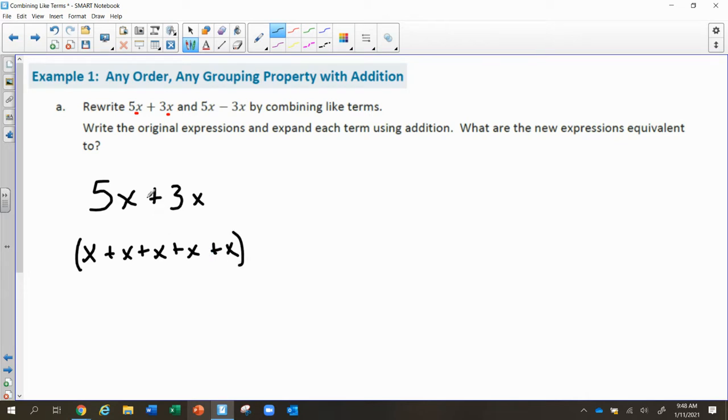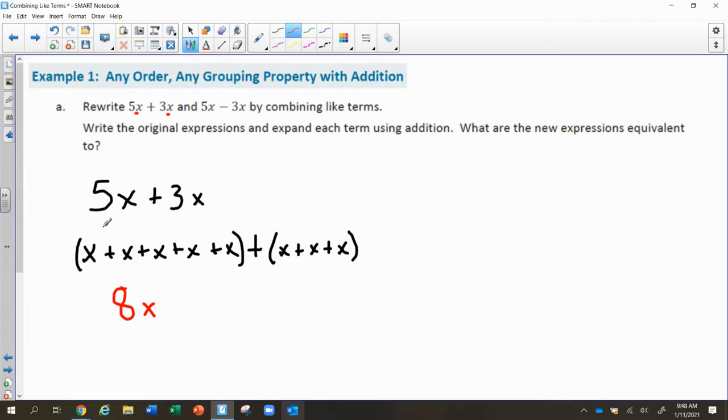And I also have 3 x's, plus x plus x plus x. So I can combine all these x's because they're just x's. So I have 1, 2, 3, 4, 5, 6, 7, 8. So I can combine all of these together since they're the same variable and just say, well, I have 8 x's.